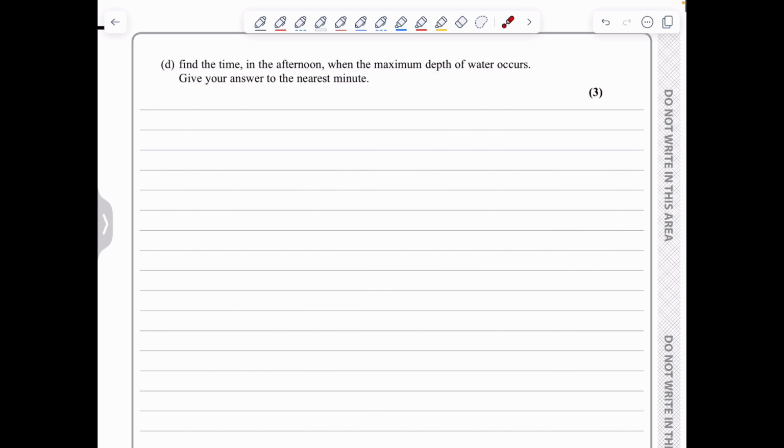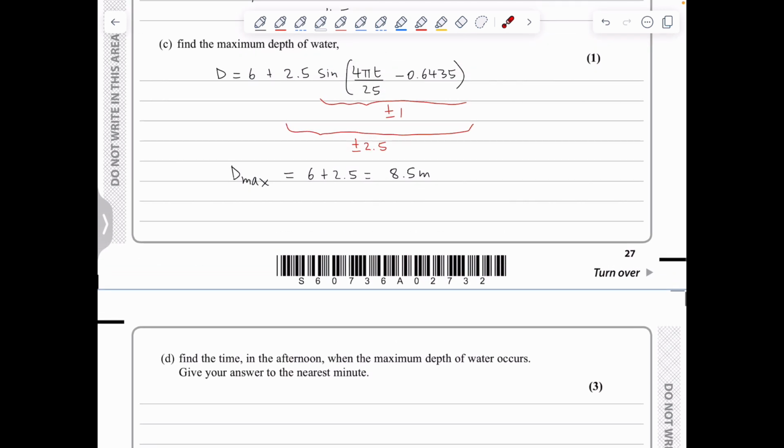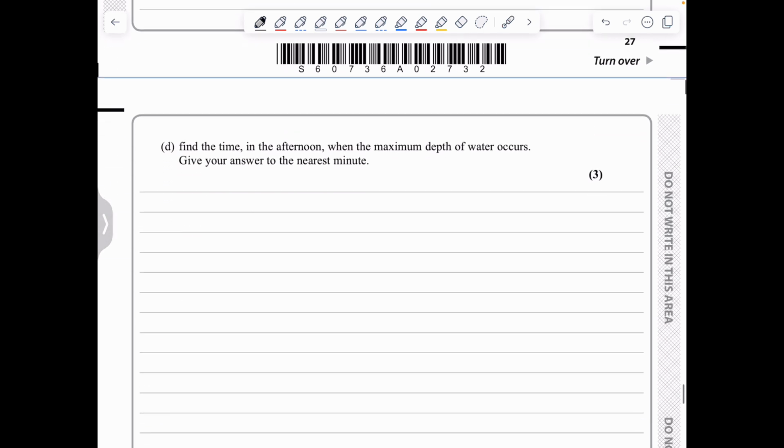Well, we have already seen from part C that the maximum will be obtained when this is equal to 1. So I will start by setting sine of 4 pi t over 25 minus 0.6435 to be equal to 1. I will do shift sine of 1. I get the principal value to be pi over 2. And therefore, we've got 4 pi t over 25 minus 0.6435 to be pi over 2 plus 2 pi k.